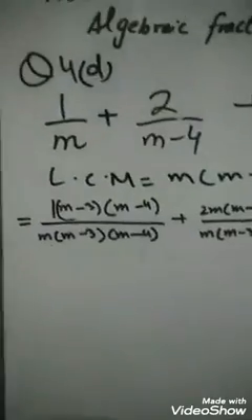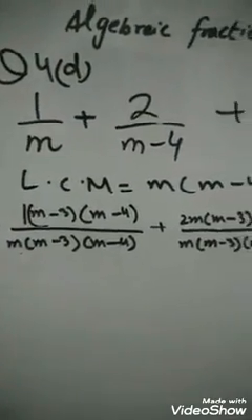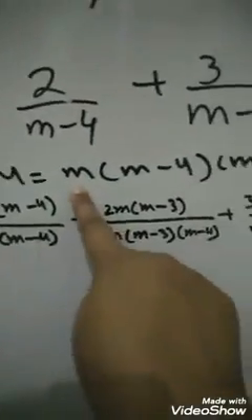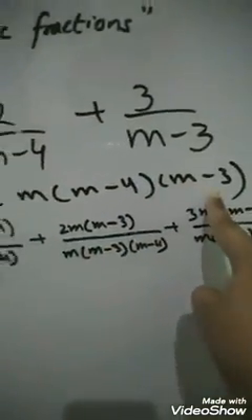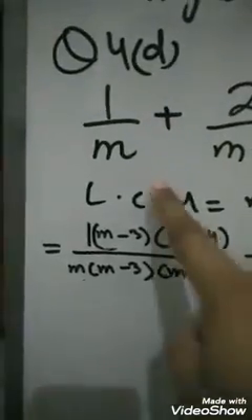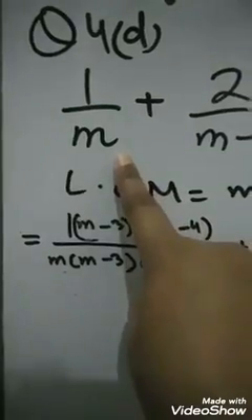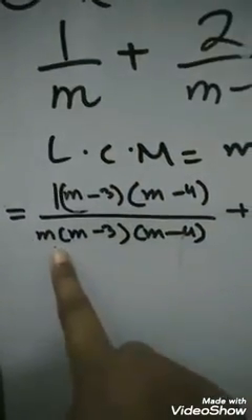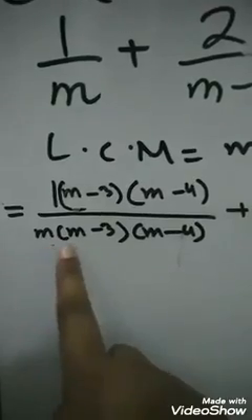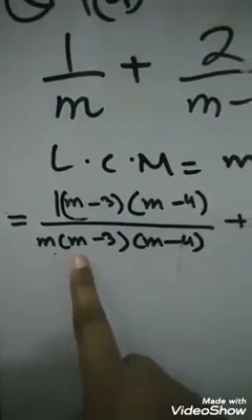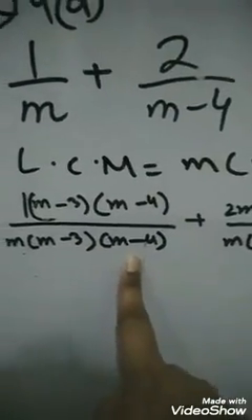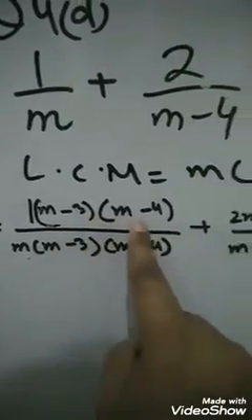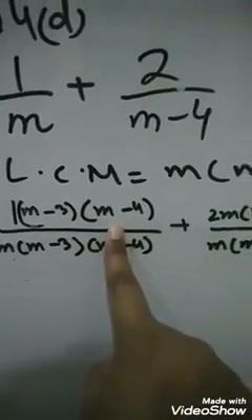Okay students, now I have made all the denominators equal to the LCM. As you know, our LCM is m into m minus 4, m minus 3. In the first fraction I have m, so to make it equal to the LCM, I multiply by m minus 3, m minus 4 in the denominator and numerator.